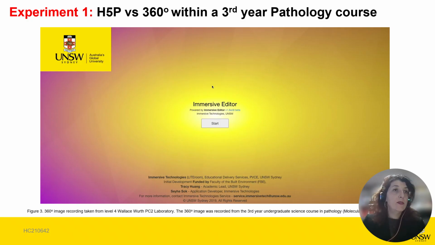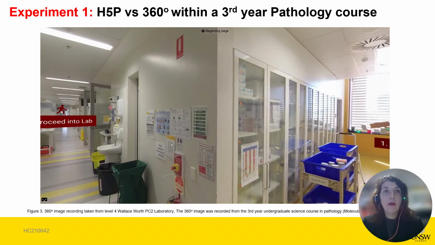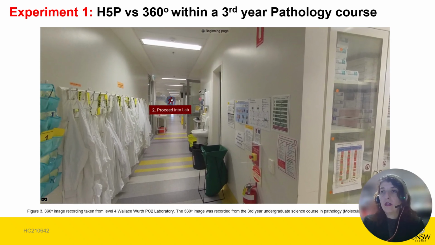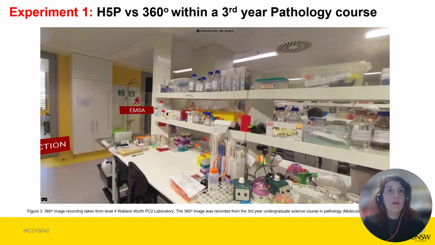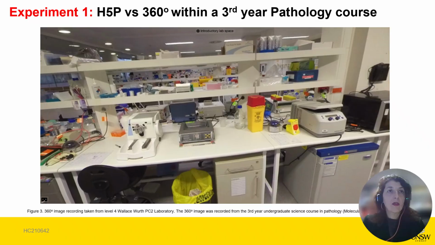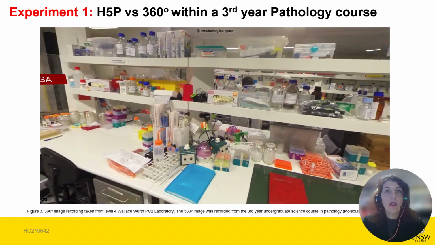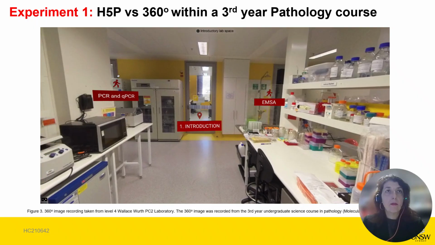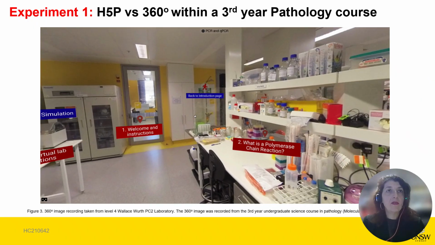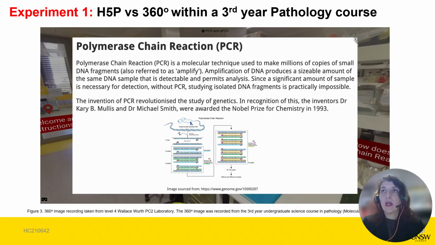If I'm to give you a little tour of our immersive editor, let's start this recording right now. Here's a view of the lab. Students proceed to various points in the lab and they're running their experiments by using various types of equipment. They're able to click on various points, for example, PCR, and learn about what PCR is.